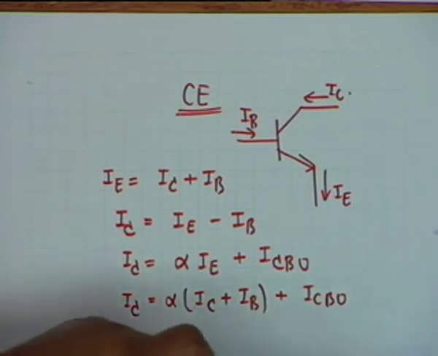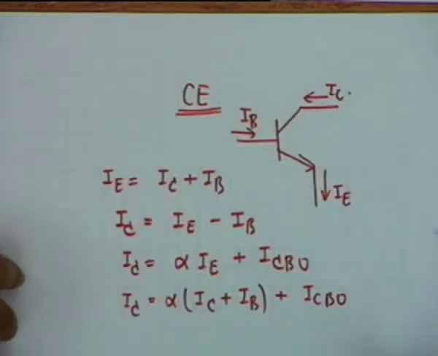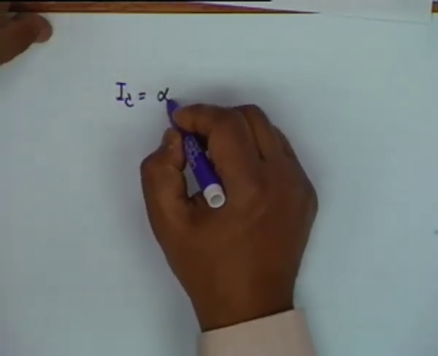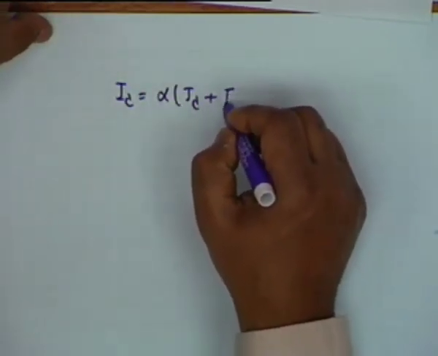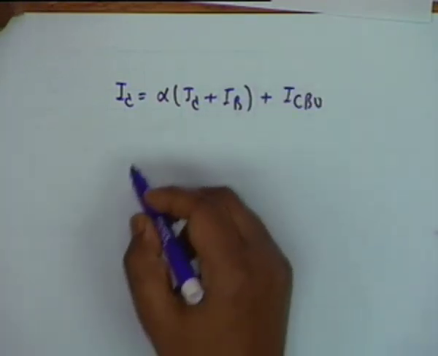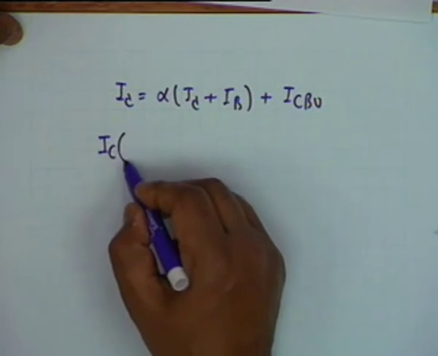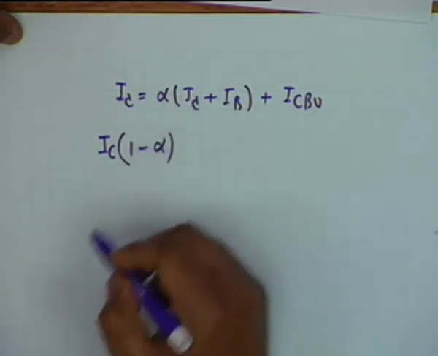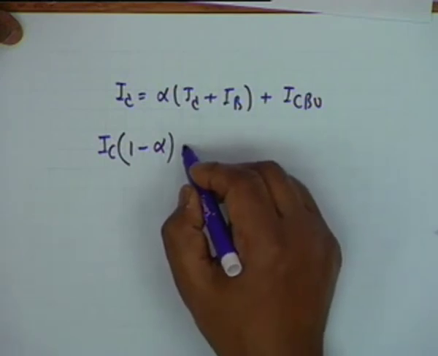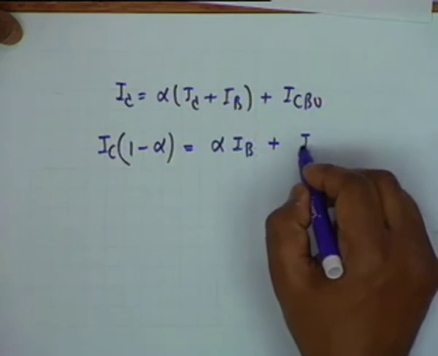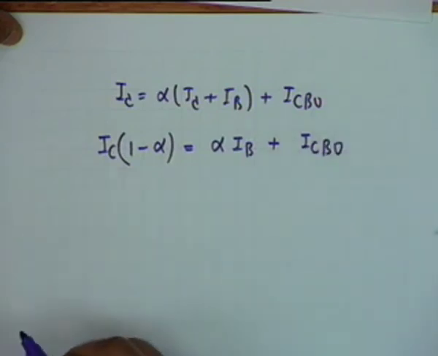I want you to look at this carefully. What I have is I sub C equal to alpha I sub C plus I sub B plus I sub CBO, which means that I sub C, if I take this to the left hand side, (1 minus alpha) shall be equal to alpha I sub B plus I sub CBO.